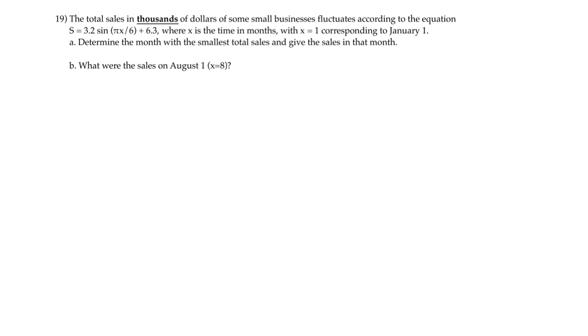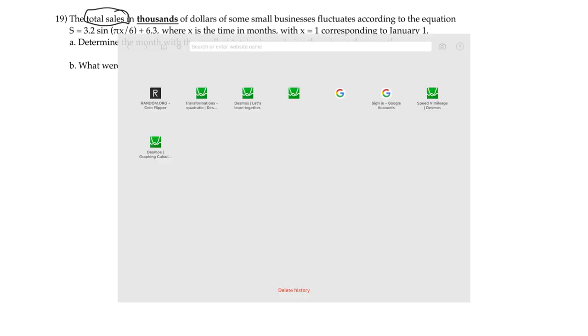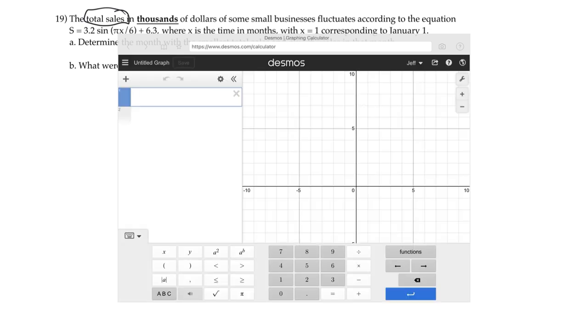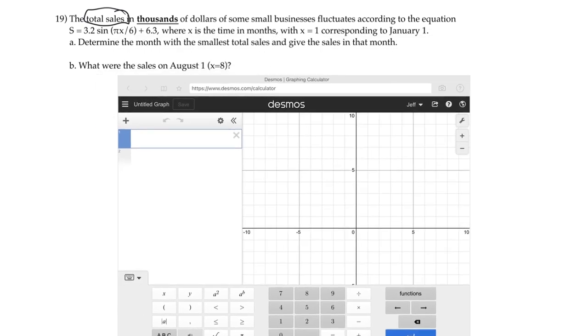Here's another similar question. This one is thousands of dollars in sales of something. So I'm going to grab a browser again, and on my browser, I'm going to type in that formula.